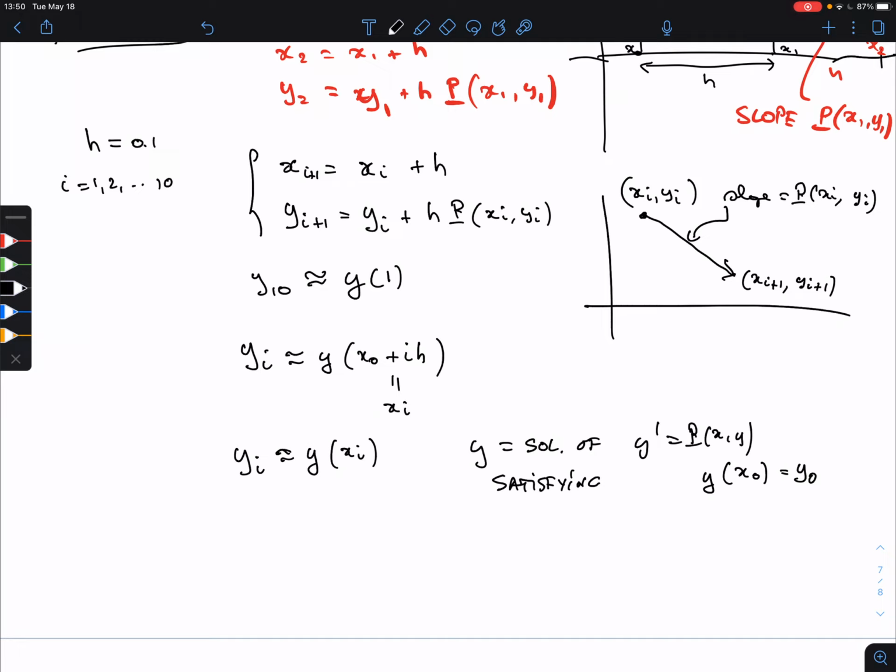And the smaller h gives less error. That is basically the principle of calculus: the smaller you take the h, the smaller your error is, and so the better approximation you'll get.